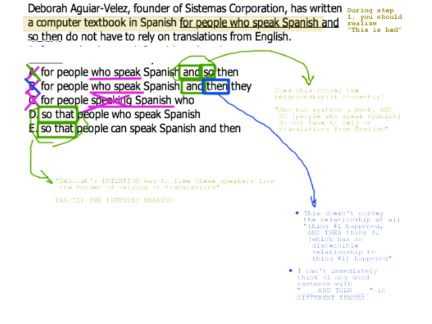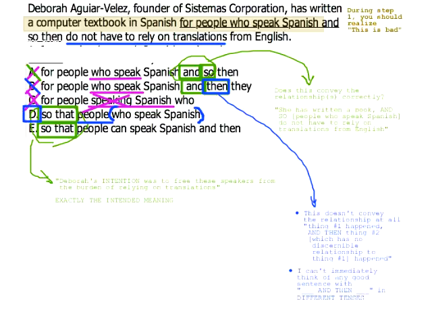Okay, between D and E, notice there's a message, and the message is different. The message of D is so that these people do not have to rely on translations. That's the point. She wrote these books so that they don't have to rely on translations. That is the intended meaning.